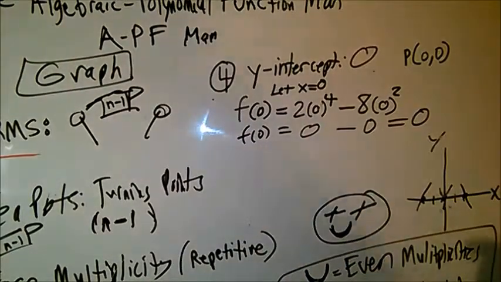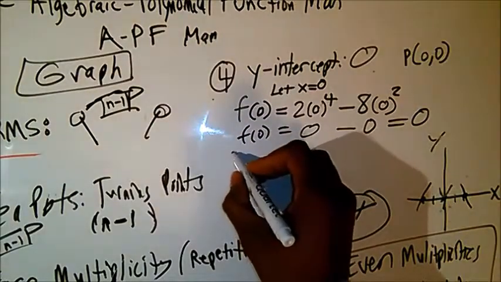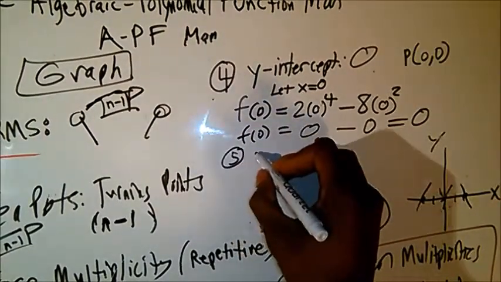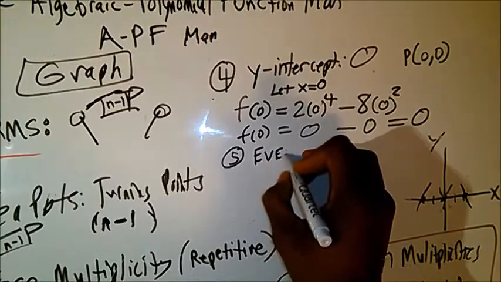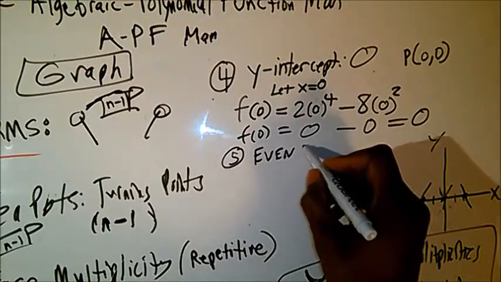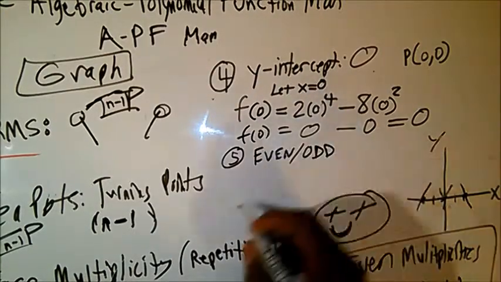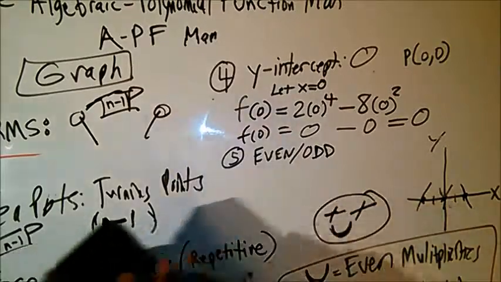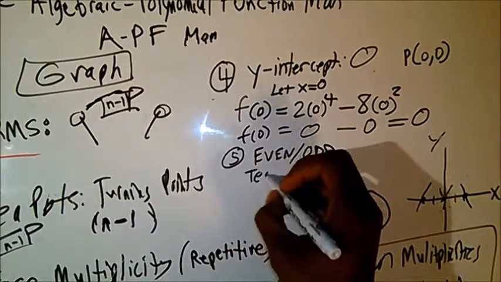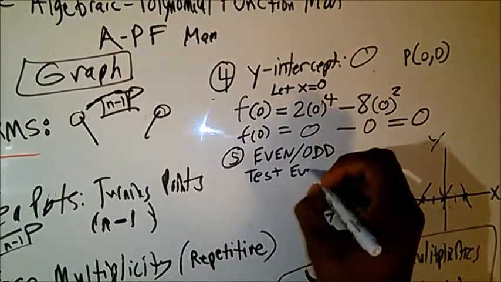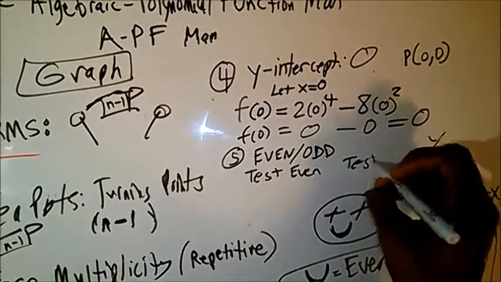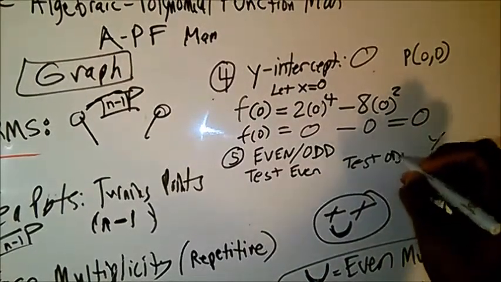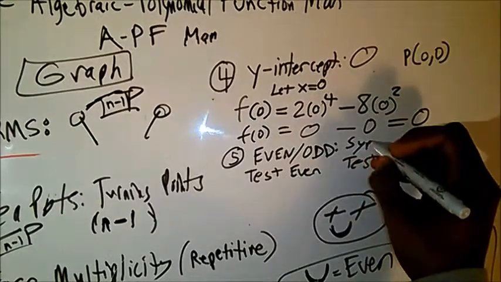I mean, there are other things that you can do. You can find out extra if the function is even or odd. By testing for even and testing for odd, this will tell you if there's symmetry.